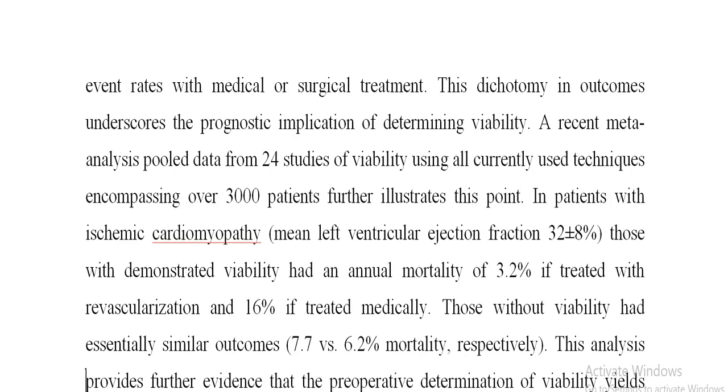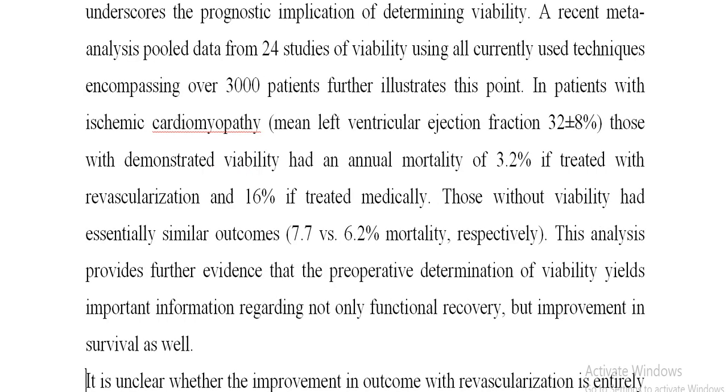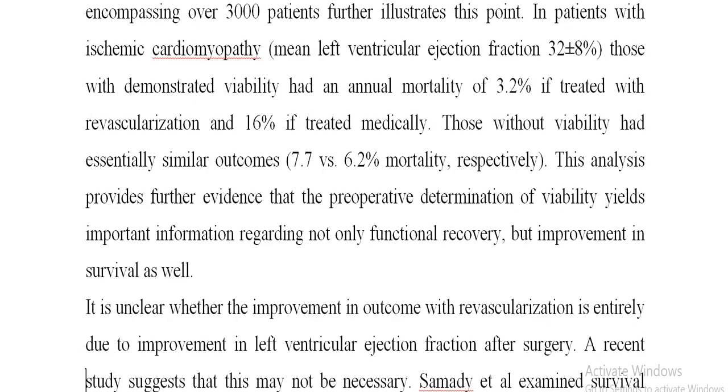Those without viability had essentially similar outcomes, 7.7 versus 6.2% mortality, respectively. This analysis provides further evidence that the preoperative determination of viability yields important information regarding not only functional recovery, but improvement in survival as well.